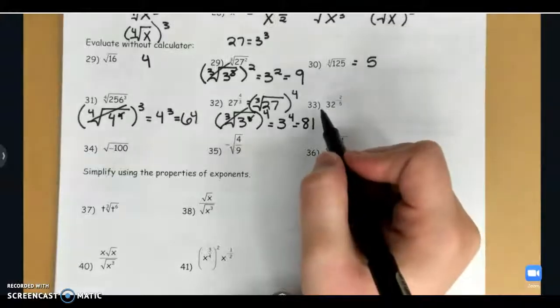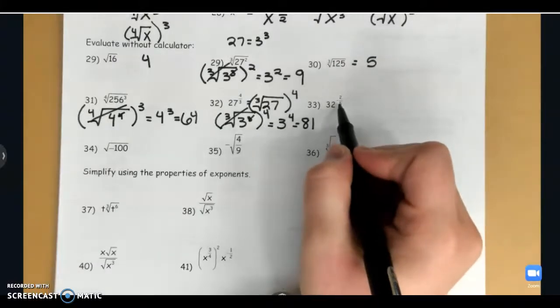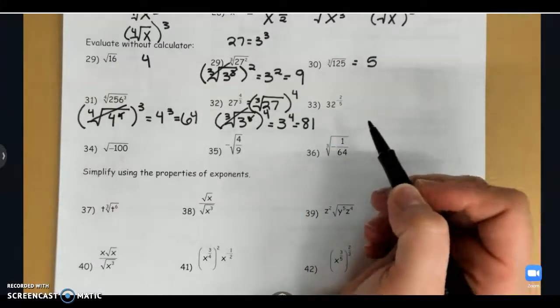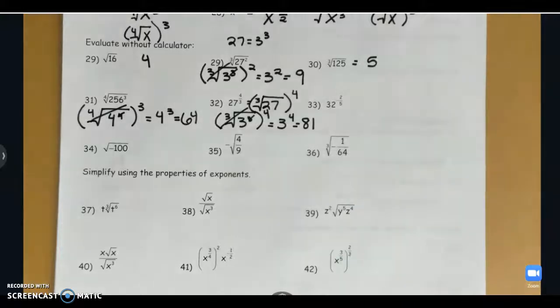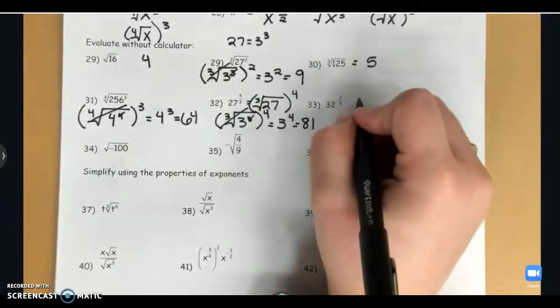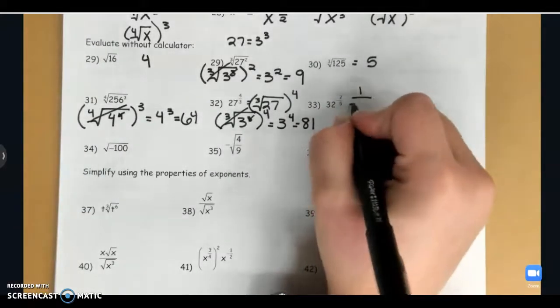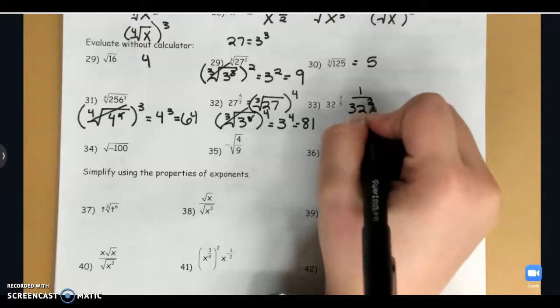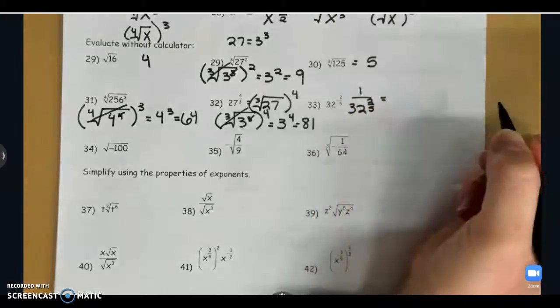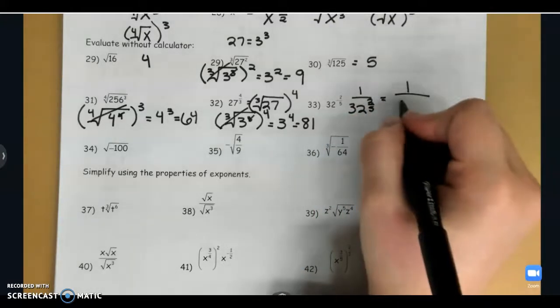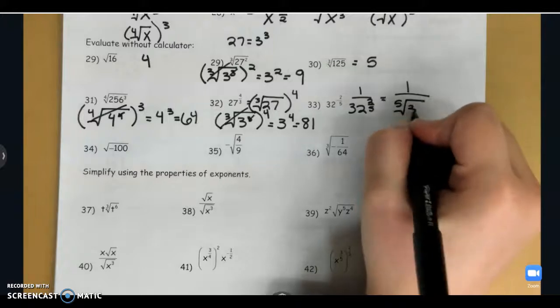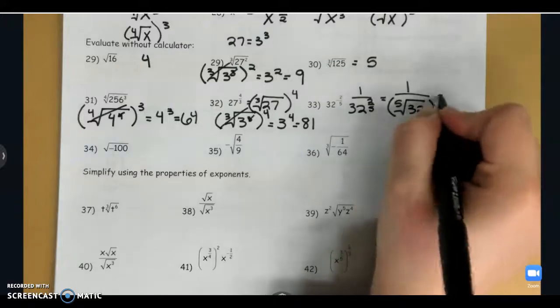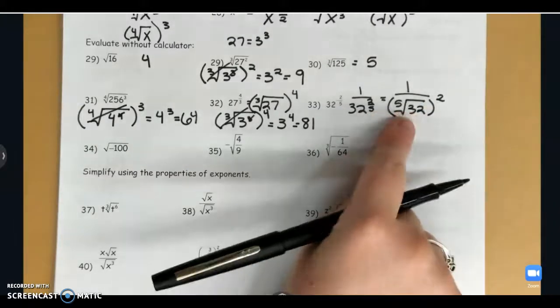All right, 33. Once again, we need to write this in radical form, but I've got a negative exponent, so let's make that positive before we do anything else. So that is going to be 1 over 32 to the 2/5 power. Then rewriting that as a radical, that is going to be the 5th root of 32 squared. So the 5th root of 32.